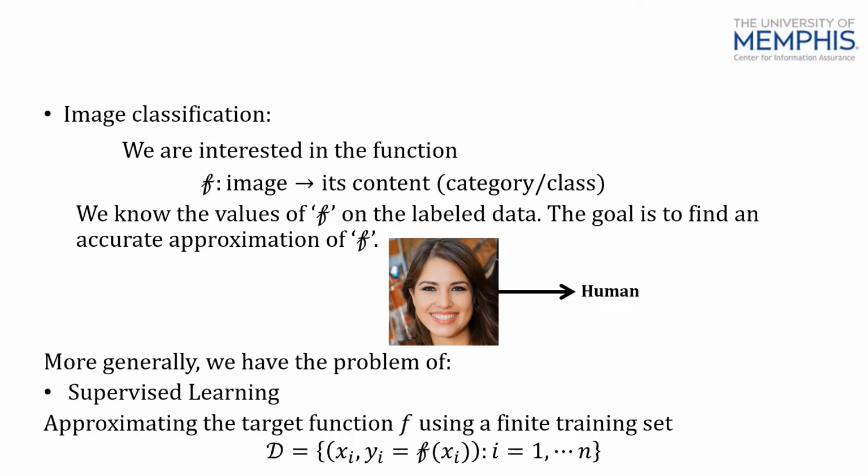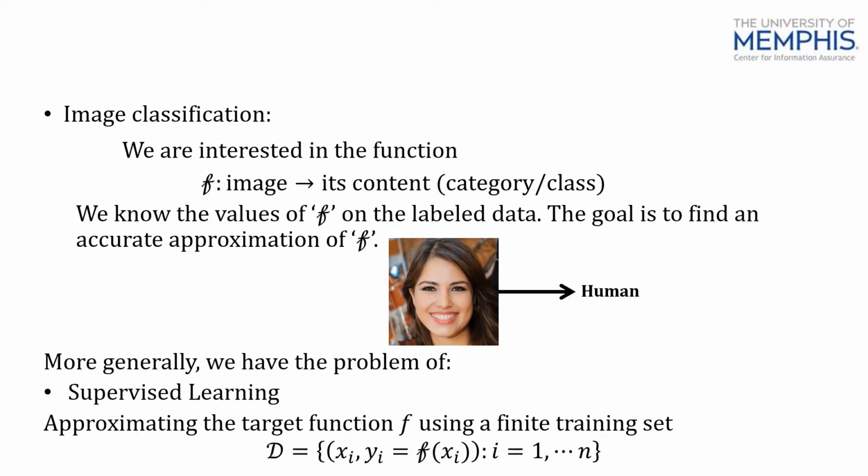More generally, it could be a supervised problem. In the supervised problem, we try to approximate this f using a finite labeled dataset, which we often call the training data. See the training data here. This training data comprises xi and yi. Here the xi's are the images and the yi's are the corresponding labels.